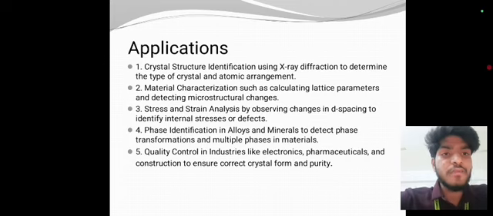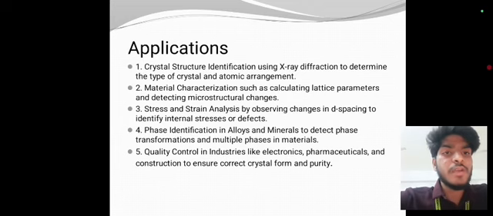Fourth, phase identification in alloys and minerals to detect phase transformations and multiple phases in materials. Fifth, quality control in industries like electronics, pharmaceutical and construction to ensure correct crystal structure and purity.